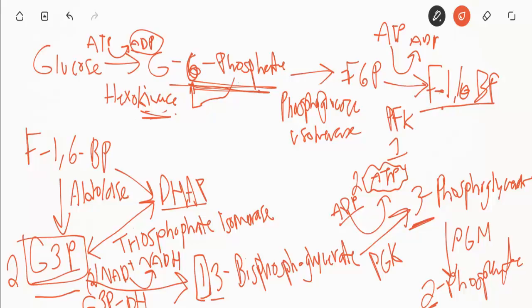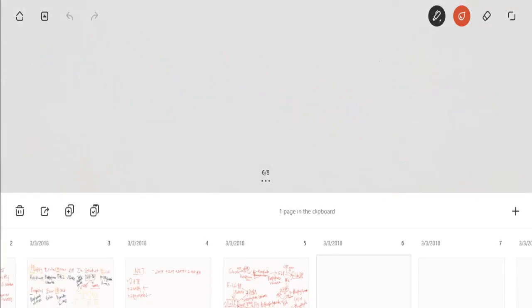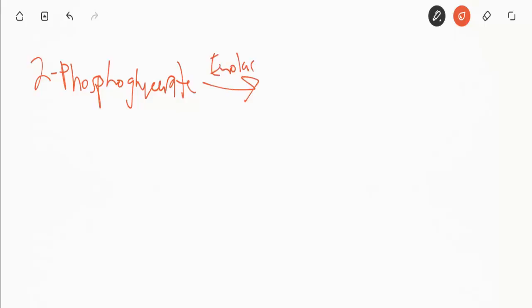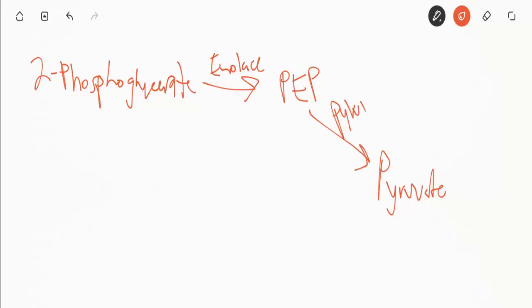Then we're going to go from 2-phosphoglycerate, and then we're going to use enolase to go to phosphoenolpyruvate, and then the last step is to pyruvate. And the last thing we're going to do is use pyruvate kinase. And that's it. That's all we got to do.